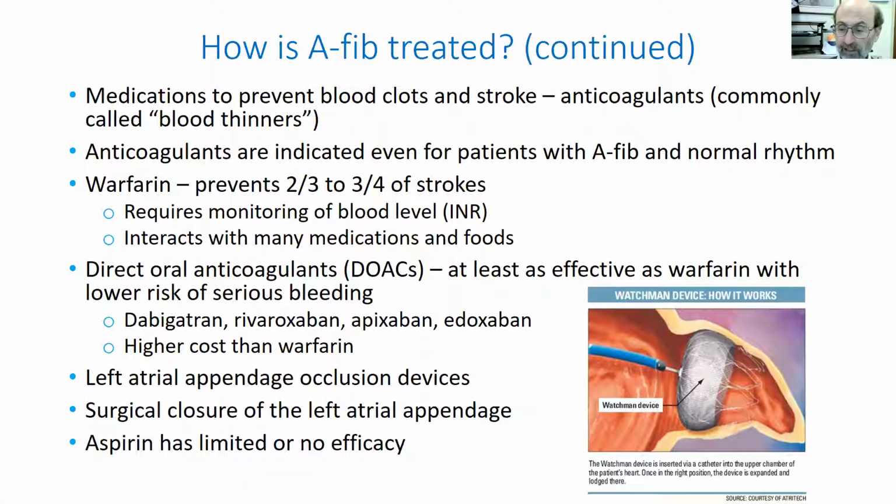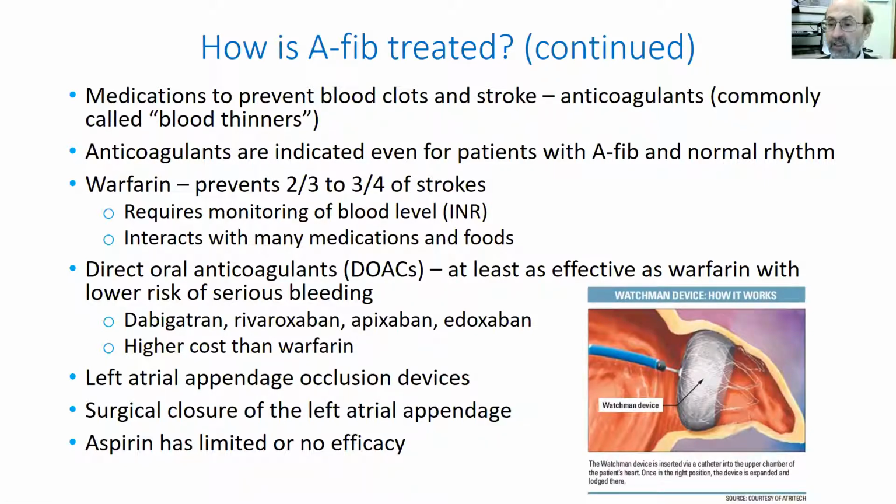But by and large, it's a pretty safe device. And as I said, it's roughly equally effective to these anti-blood clot medications for preventing strokes from occurring. An advantage of the device is that because in the long run, it doesn't require these anti-clot medications, there is a lower risk of bleeding.